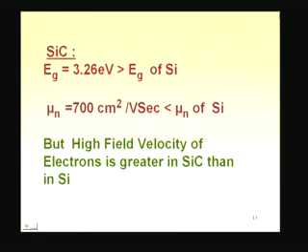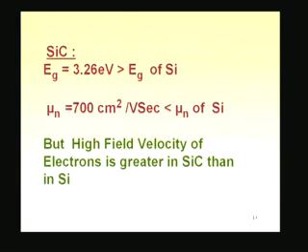So, in this case you will have a problem with on resistance, but we will have occasion to discuss this in slightly more detail. If you take velocity at higher fields, the velocities of electrons are greater in silicon carbide than in silicon.